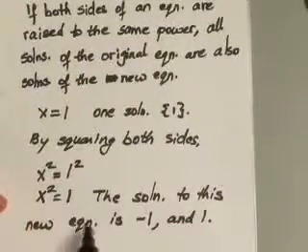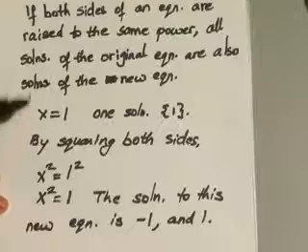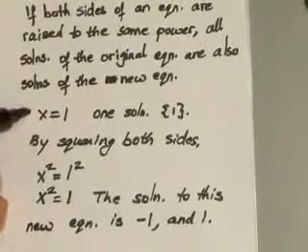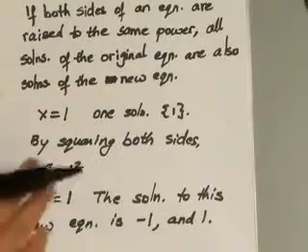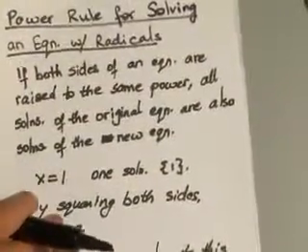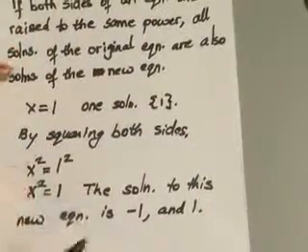All the solutions of the new equation are not going to be solutions of the original equation, but solutions of the original equation are solutions of the new equation. So this is the idea that we want to try and use in solving equations with radicals.